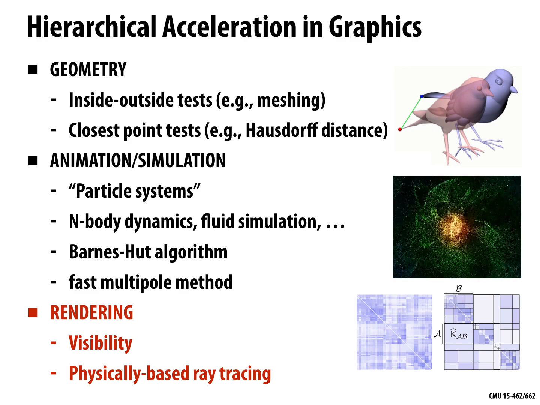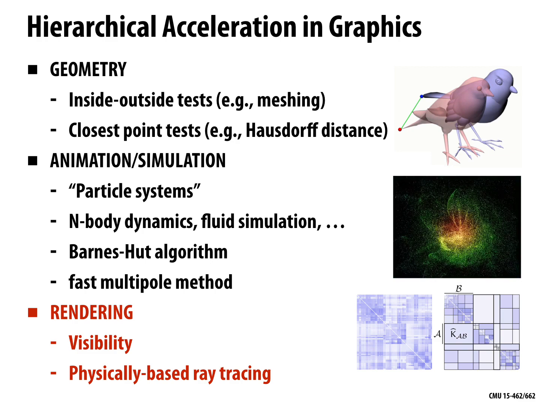So in geometry, for instance, we might be doing lots of inside-outside tests for meshing, or we might be doing closest point tests for something like Hausdorff distance. We want to know what is the difference between two shapes. How badly does one shape approximate the other? There we have to do lots of different closest point tests.